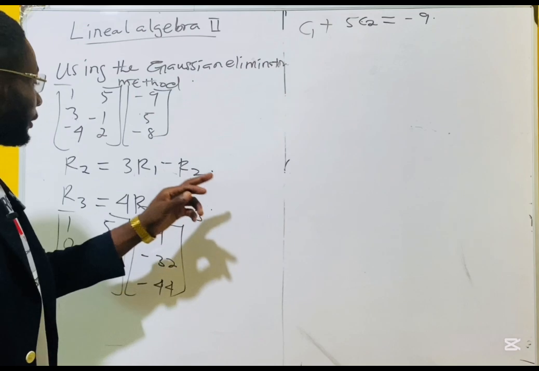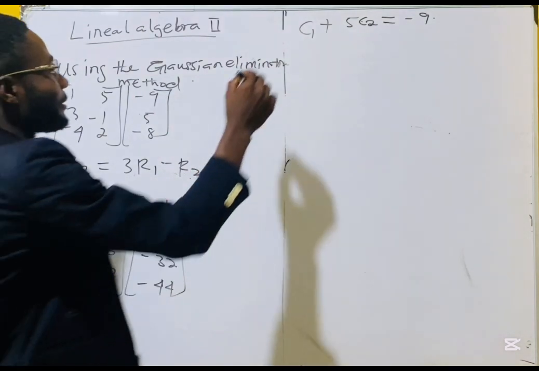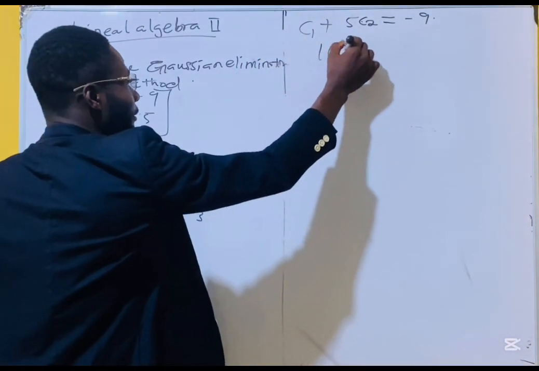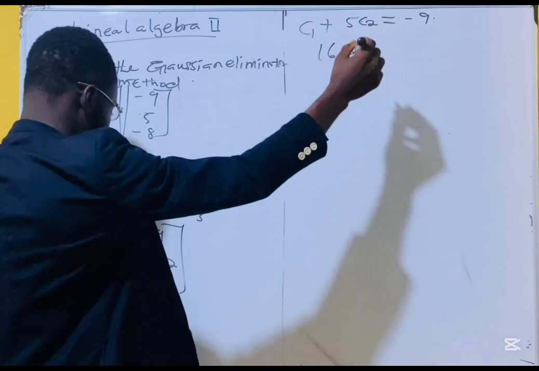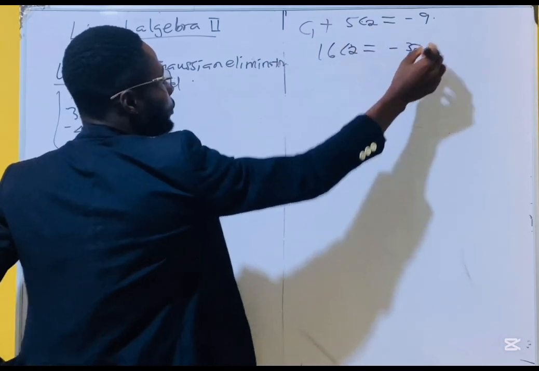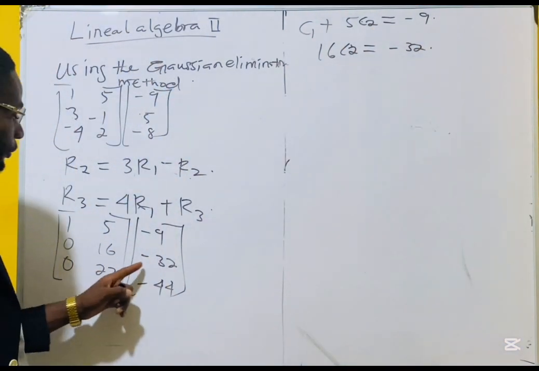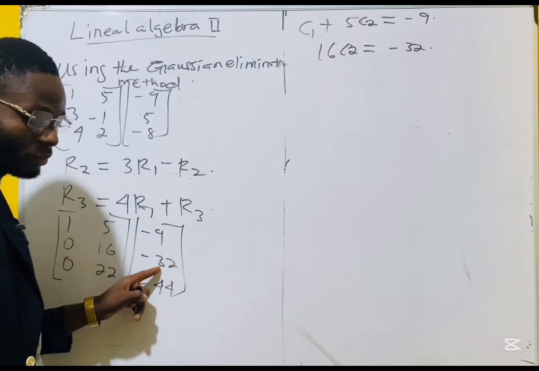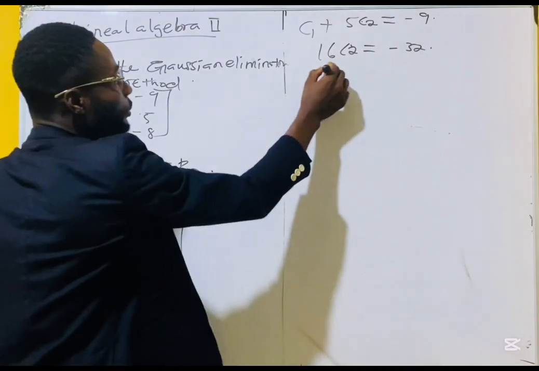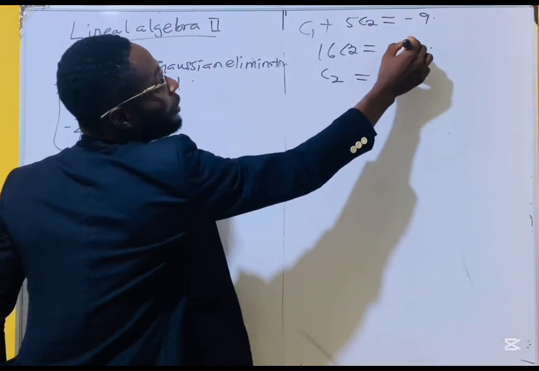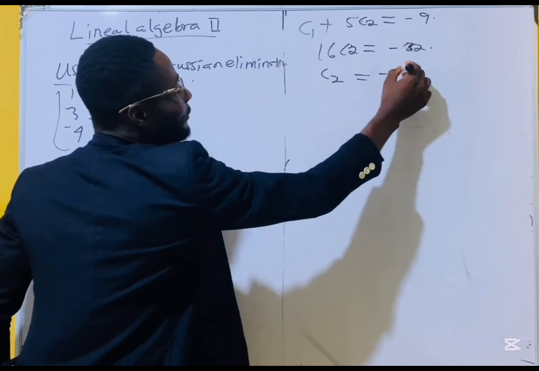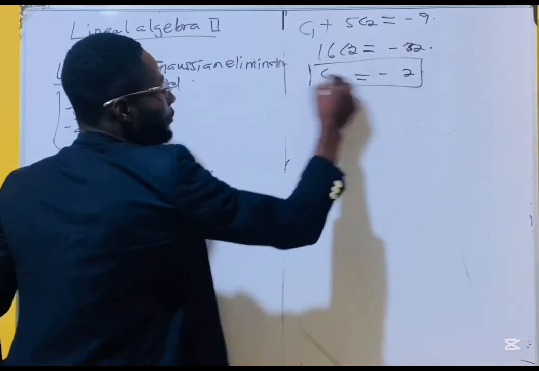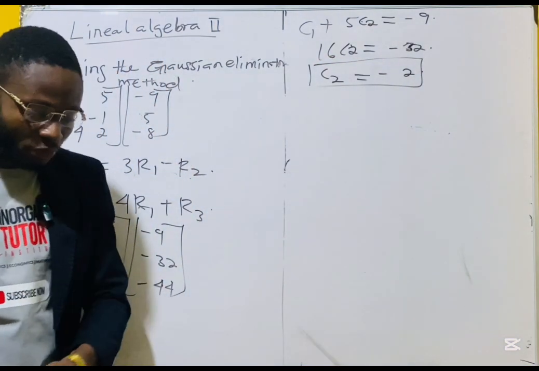Okay, then we can say that 16C2 should be equal to what? -32, right? 16C2 should be equal to -32. So we can say that our C2 is equal to what? Negative 2, right?